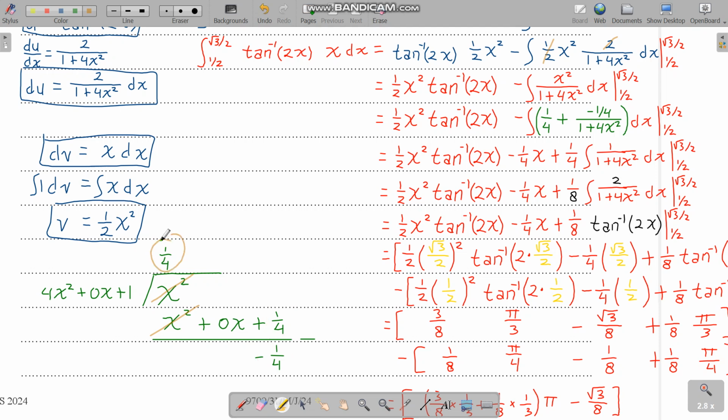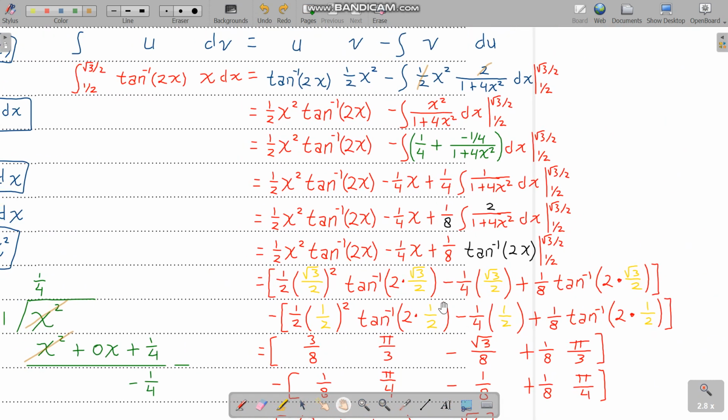This is the quotient. So we replace this improper fraction with the mixed algebraic fraction: the quotient plus remainder over the divisor. After we do this long division, now we can integrate 1/4 easily. We get 1/4 x, and for this integration here, minus times minus 1/4 is plus 1/4.